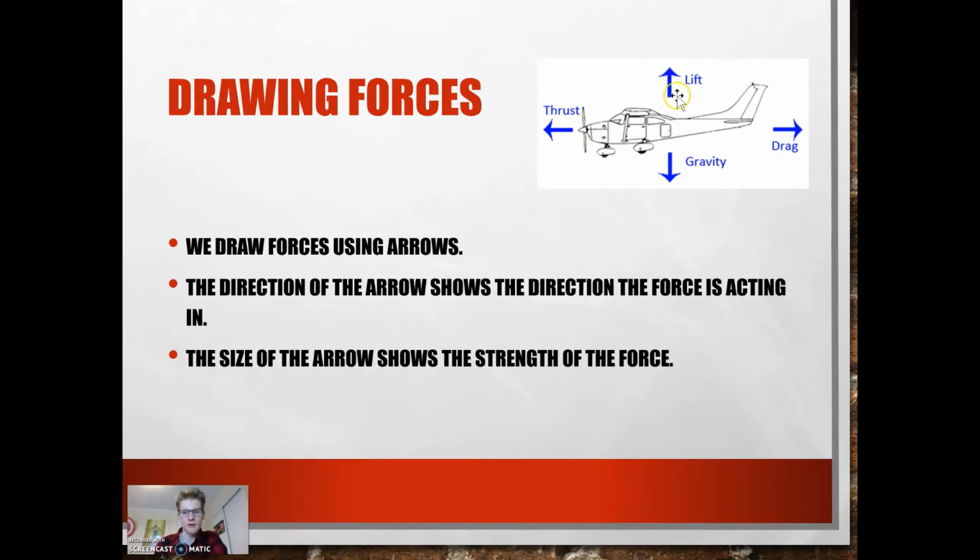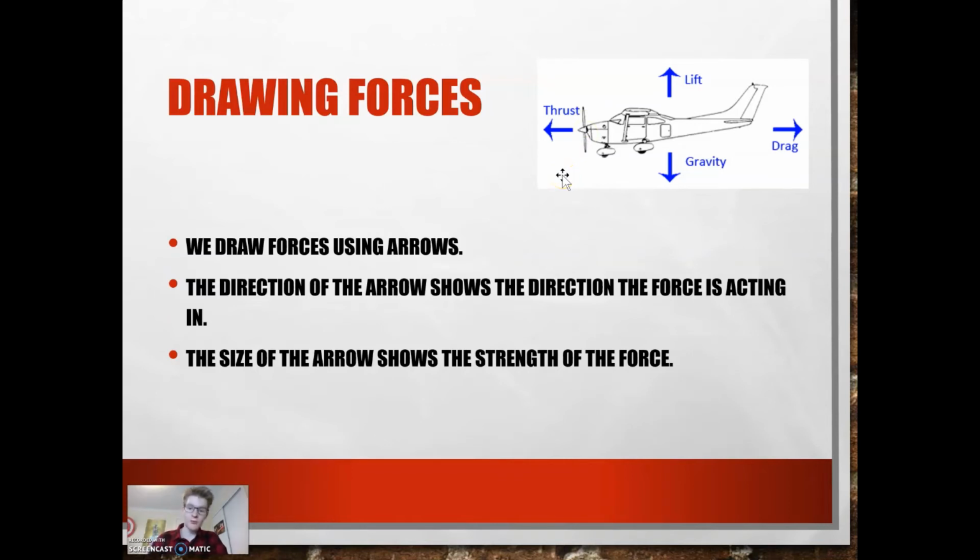The force of lift is helping lift the plane up, and the force of drag is trying to stop it from going forward. At a later point, you're going to understand what the different types of forces are, but at this point, don't worry about memorizing these names, just understand that there are different types of forces.